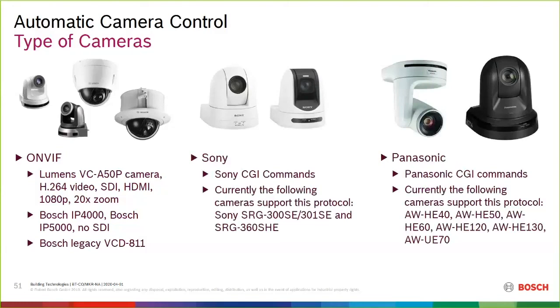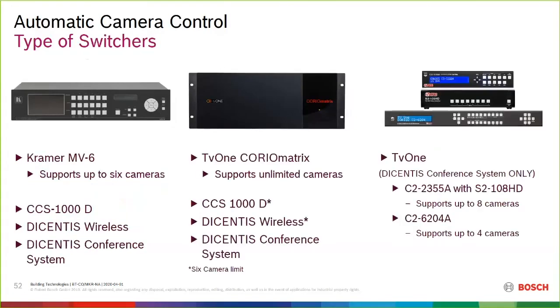To answer the question for switchers, Kramer MV6 is up to 6. This is kind of a global slide, so this applies to all Bosch conferencing products. The TV1 Choreo Matrix can support hundreds, so yes, it would work, but it is only 6 for CCS 1000, and that would be way overkill for a CCS system.